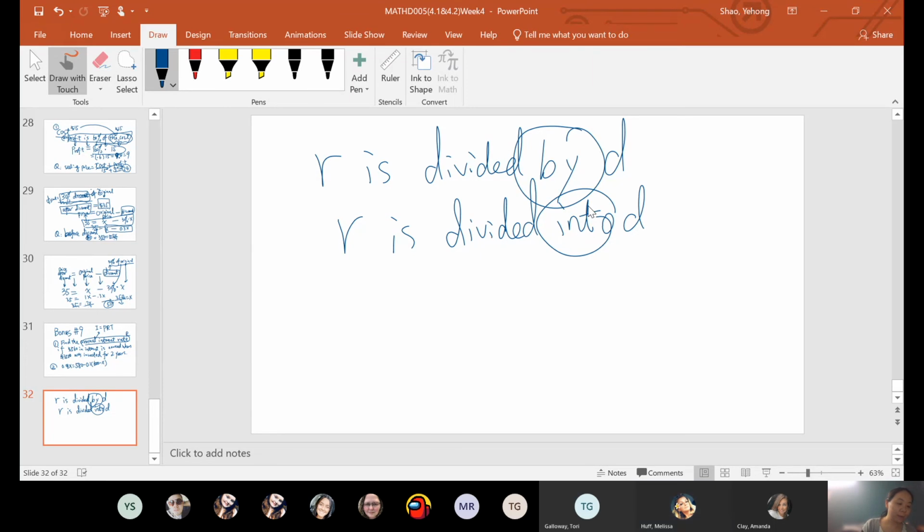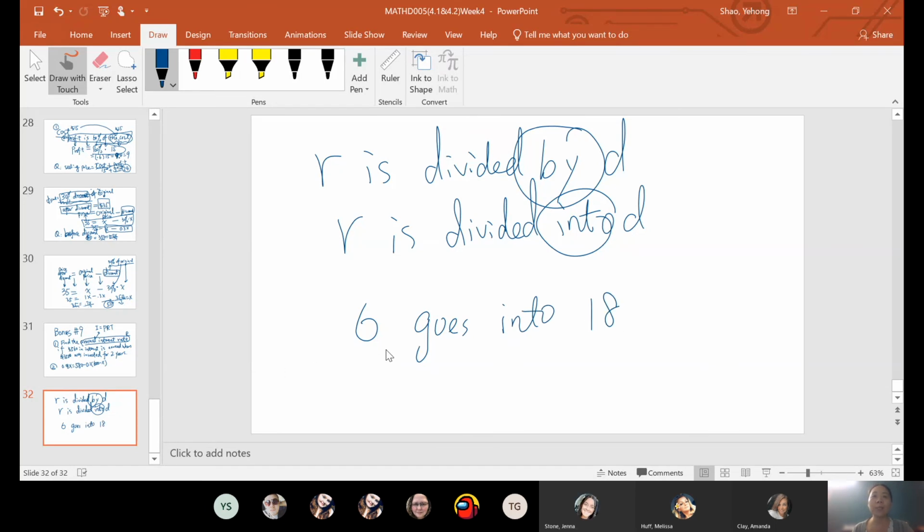Into means goes in there, right? I don't know if you've heard things like, we say 6 goes into 18. The 6 goes into 18 like 3 times, right?